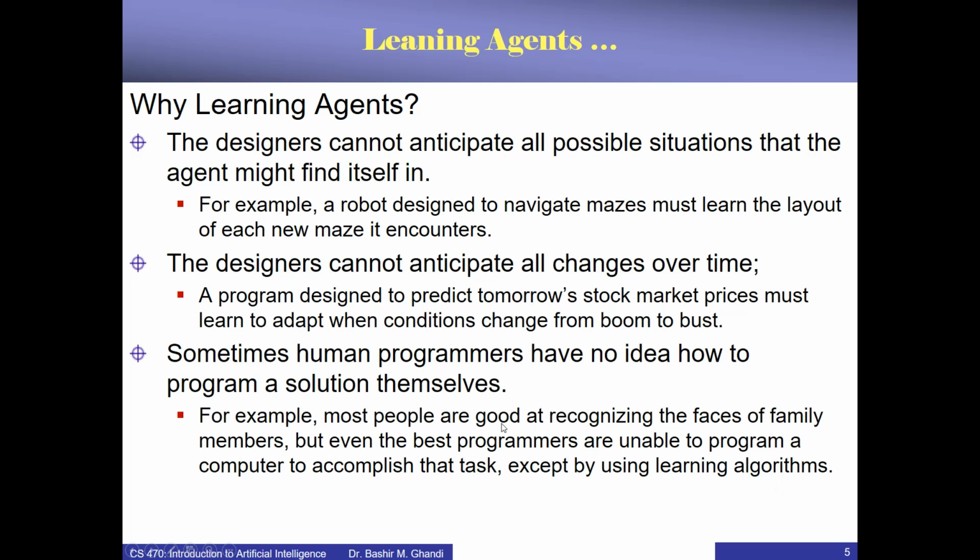So learning algorithms are really the only way to learn about recognition, whether of faces or of handwriting or voice recognition and so on. You cannot anticipate, for example, the type of voice from each and every individual in the world that Alexa will encounter, or Siri.